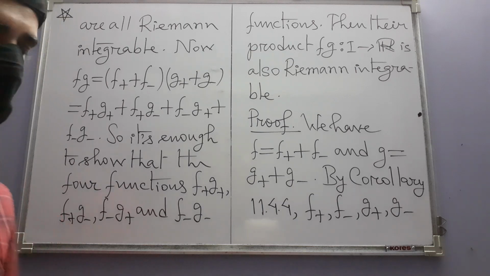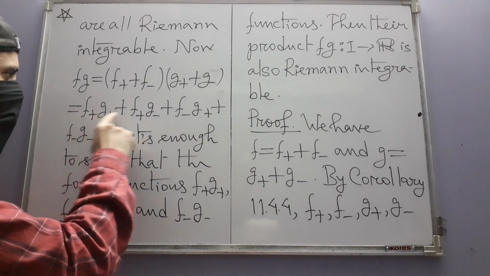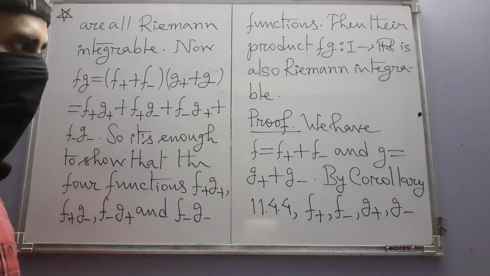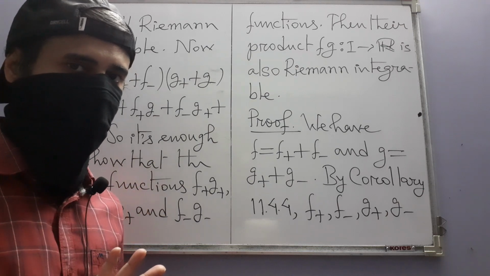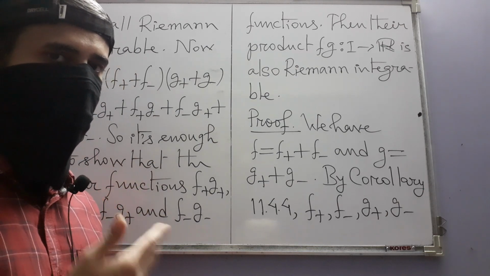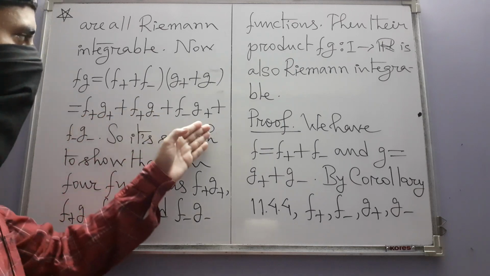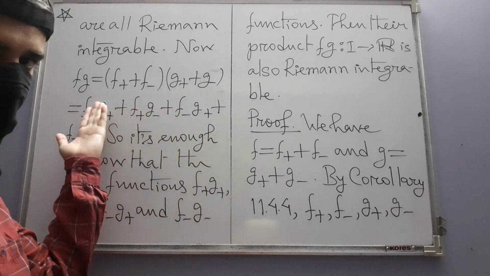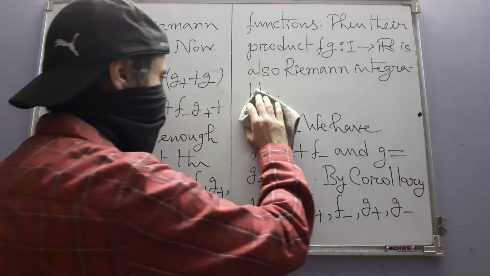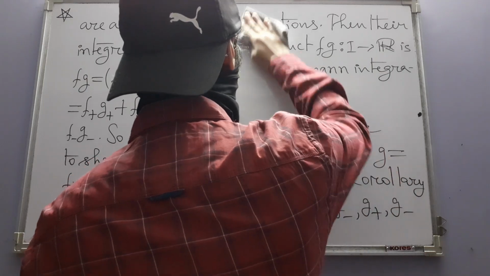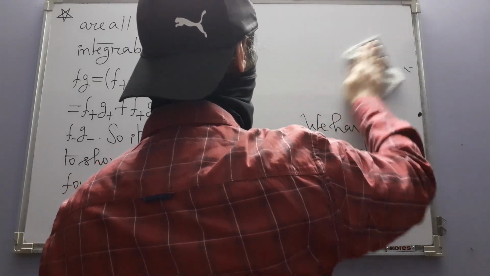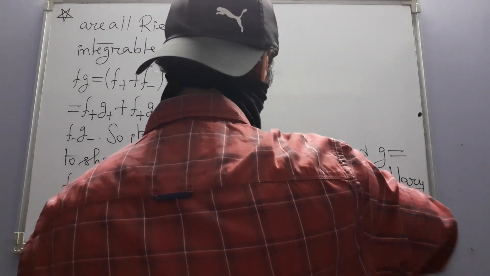Why is that enough? That's because once you show that these are all Riemann integrable, then by our previous result, which says that the sum of two Riemann integrable functions is Riemann integrable, you apply that again and again and you get that fg is Riemann integrable. And this is where the incompleteness of the proof in the text comes.